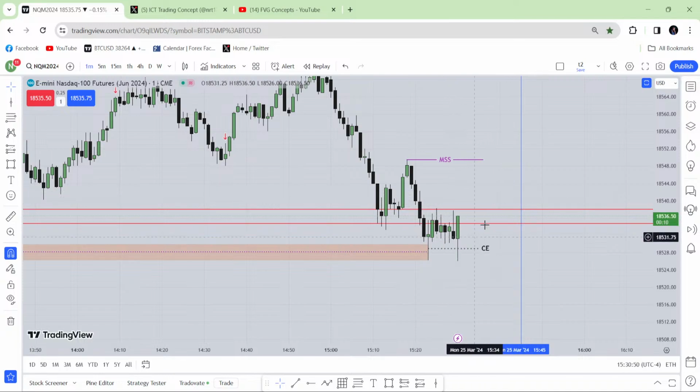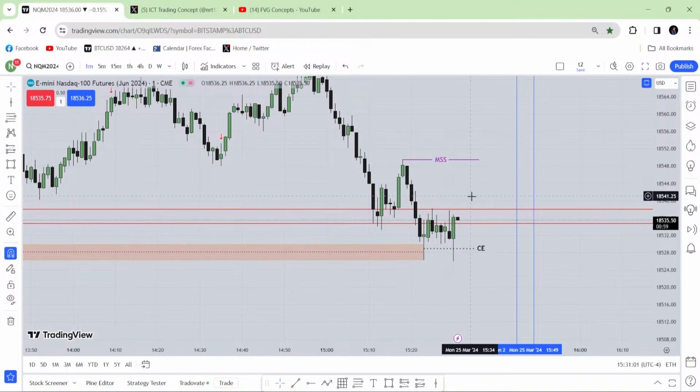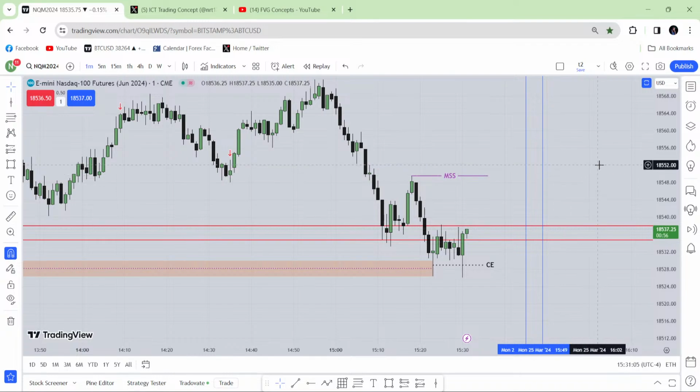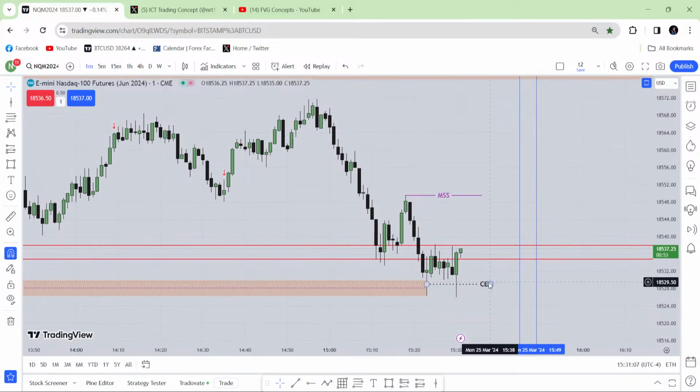Even if you take any entry over here, you have to close it here. This is forbidden. You can't break that rule. Is it still valid? Absolutely it is valid. Why? Because the body didn't close below that consequent encroachment.